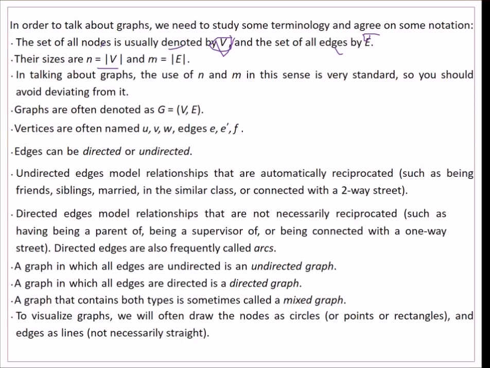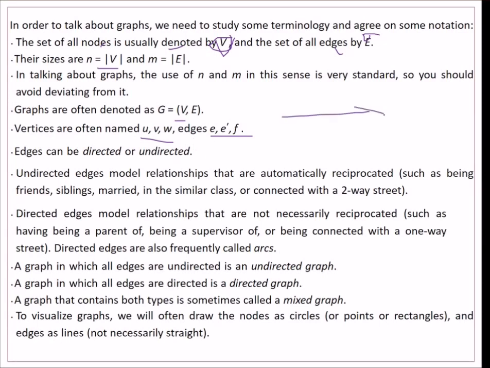Various books have various terminology and notation. Graphs are denoted by V comma E, that is G equals (V, E). These vertices are often named u, v, w, and edges are named e, e dash or f.